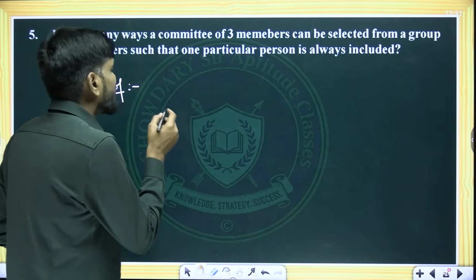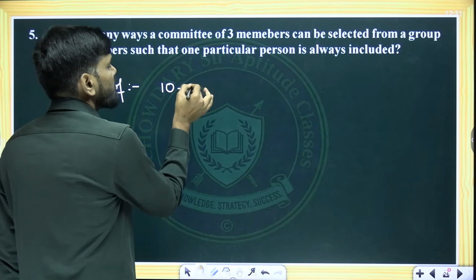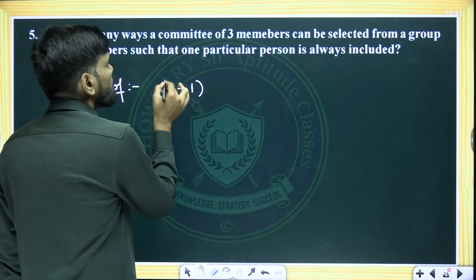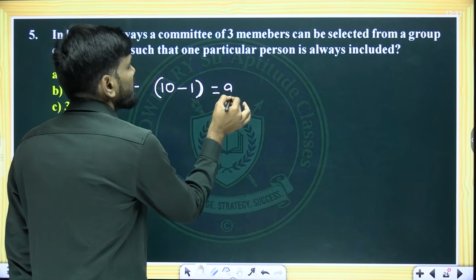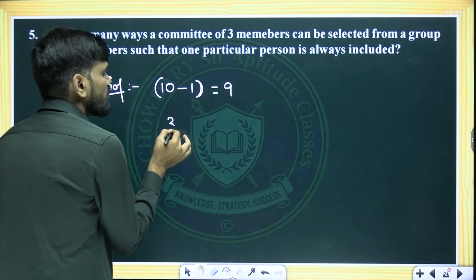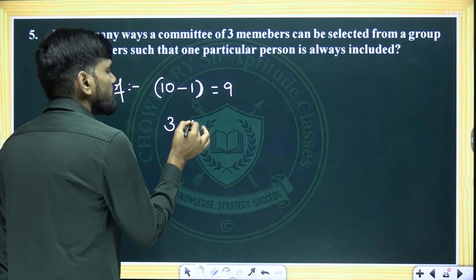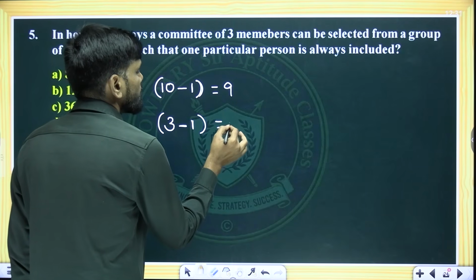So out of the 10 that are available, as one particular person is already included, now you have how many people available for selection? 9. You need to select in total how many people? 3, but one particular person is already included, so you have the choice of selecting only 2.